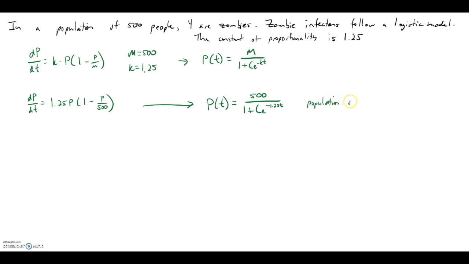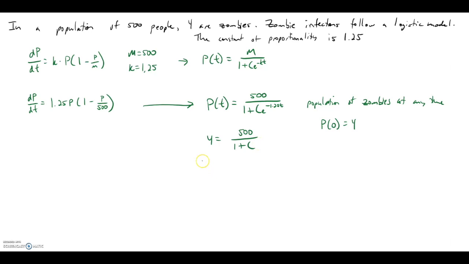Now, this would give us a general model for the population at any time, but if we want the true population of zombies at any time, we need to resolve that constant c. And what we know about the problem is our population at day 0 is 4 zombies. And substituting in a population of 4 and a t-value of 0 will yield 4 equals 500 over 1 plus c.